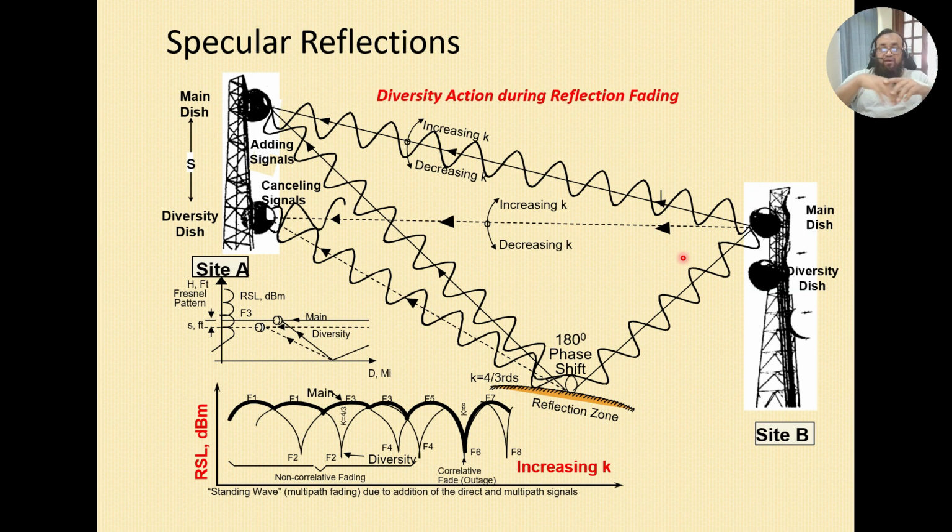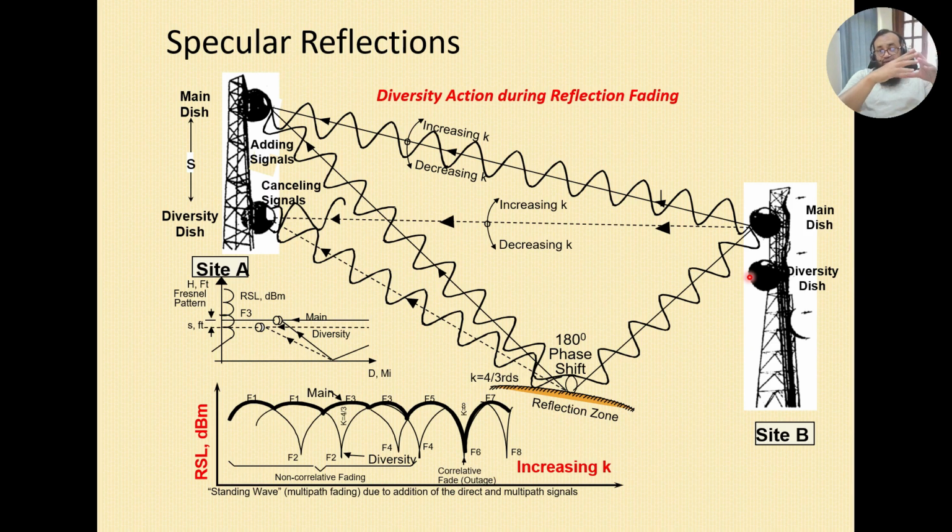So we have this beautiful video where some specular reflection is depicted through two or three things. First, we should understand what is going on here. This is site A, this is site B, a normal microwave link. Normally, if we have a multipath issue, we generally try to mitigate it through the diversity link.